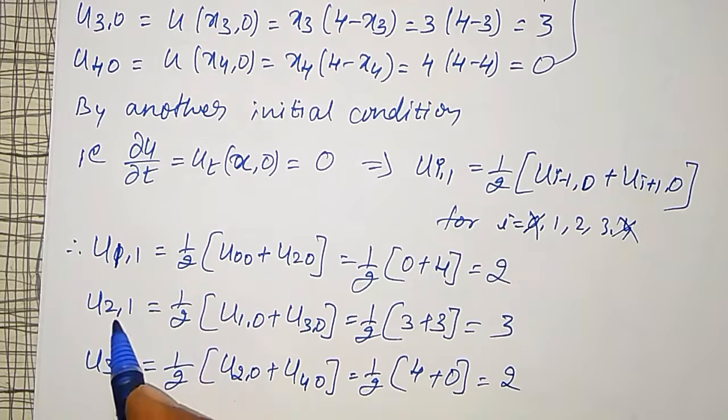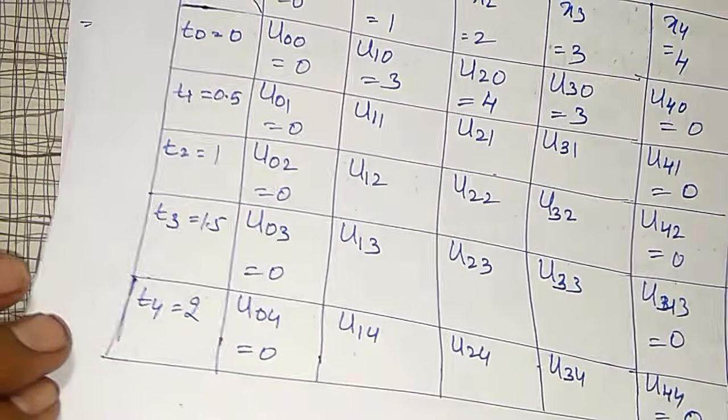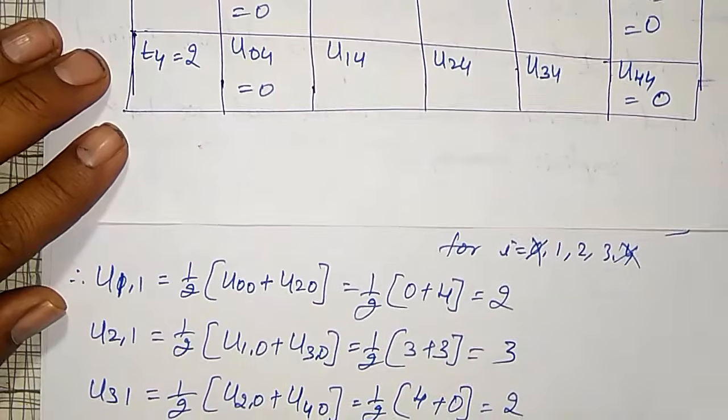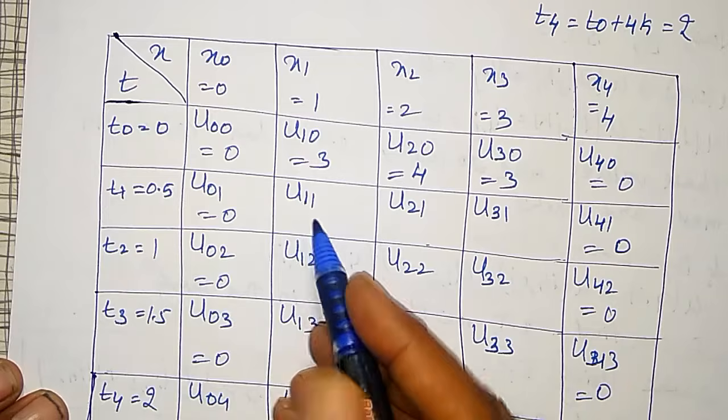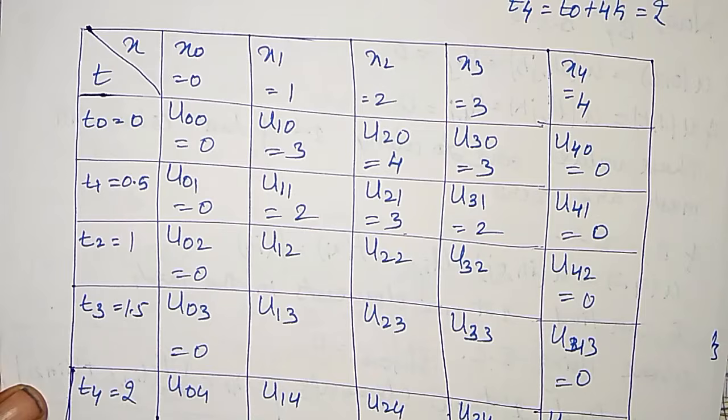Substituting these u11, u21, u31 in the table, u11 equal to 2, u21 is 3, then u31 is equal to 2, correct.